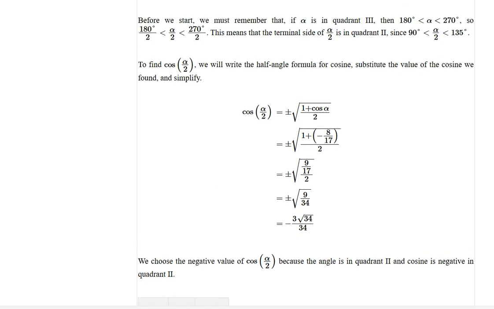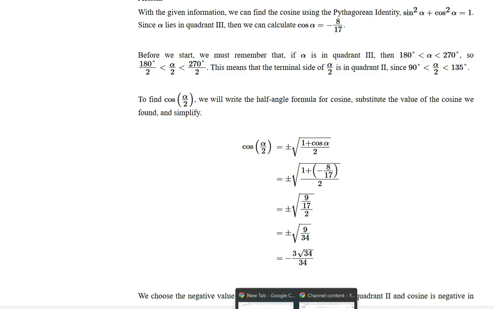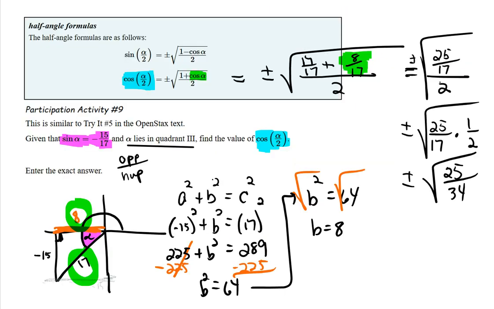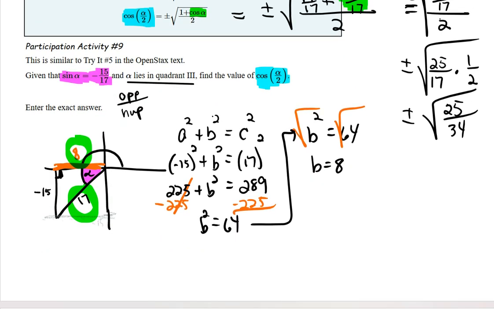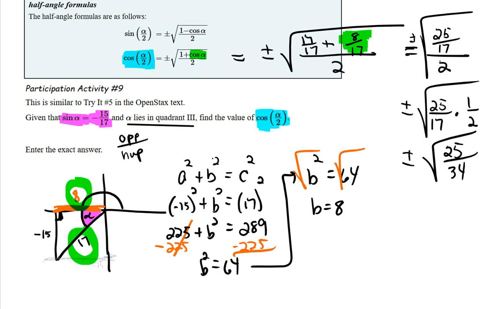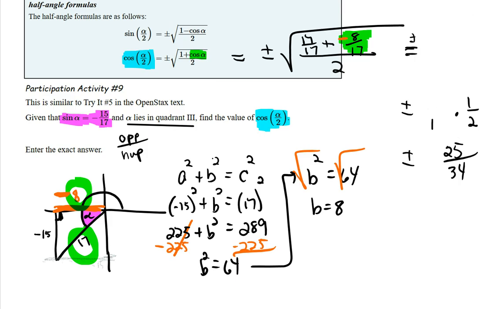Oh, shoot. Yeah, that was stupid. I forgot that I was in quadrant 3. When you're in quadrant 3, your x is negative. So that would be negative, which means all this is wrong.